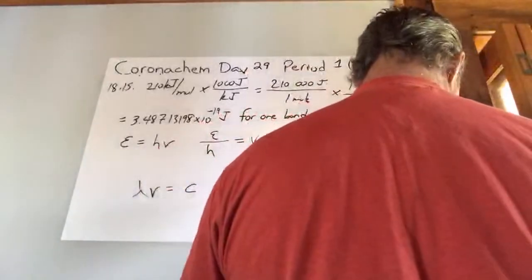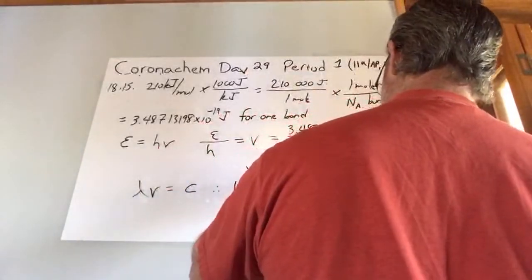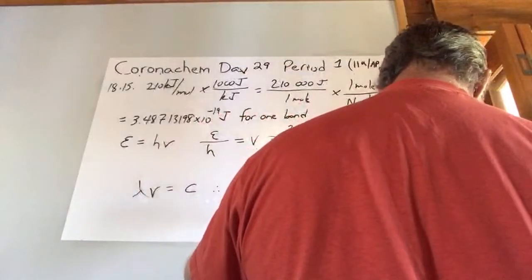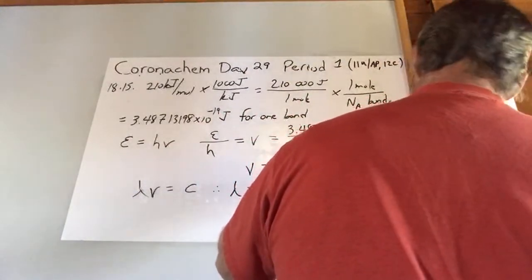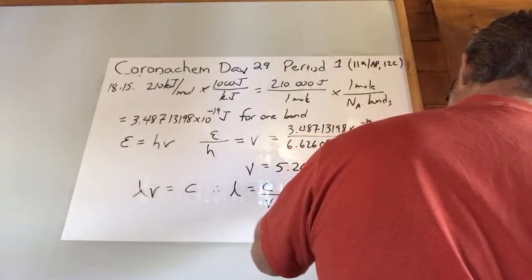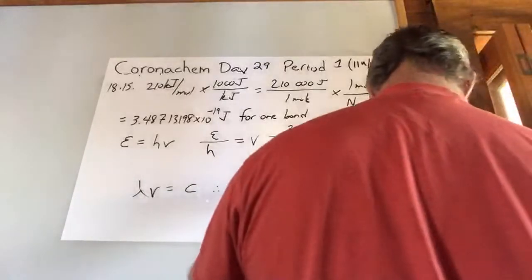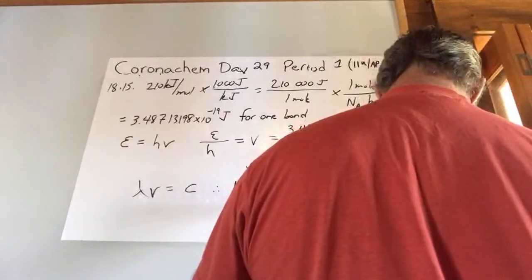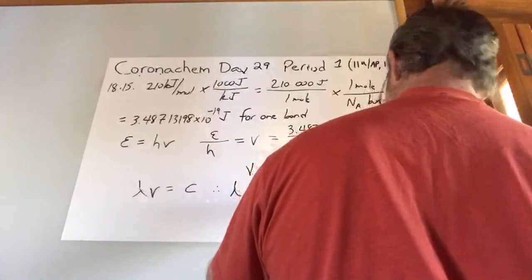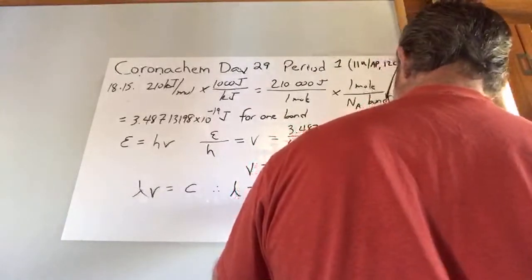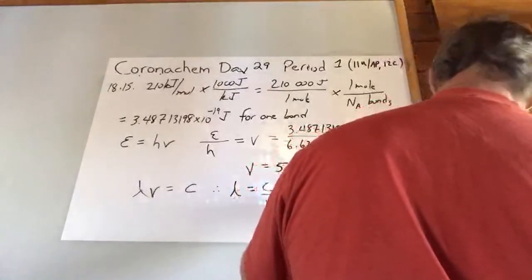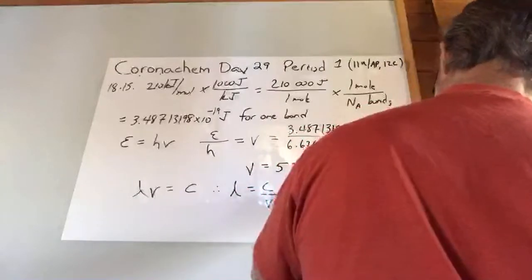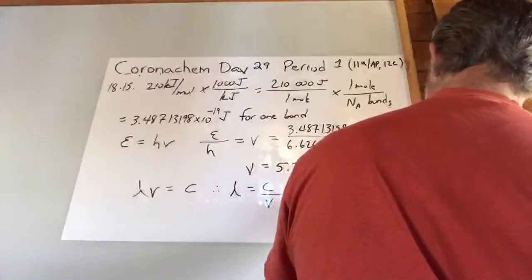And we'll plug in the numbers again. 2.99792458 times 10 to the 8 meters per second divided by 5.26274543 times 10 to the 14 seconds to the minus 1.